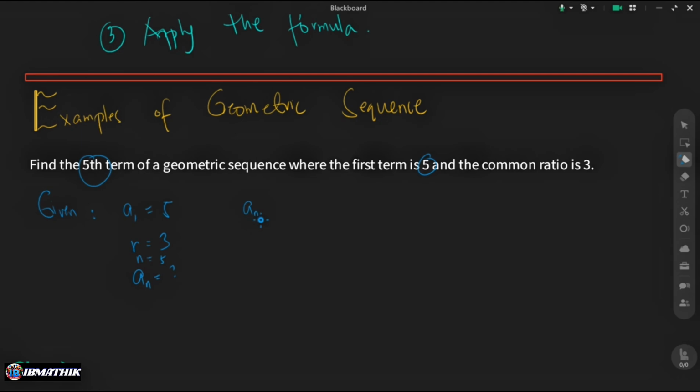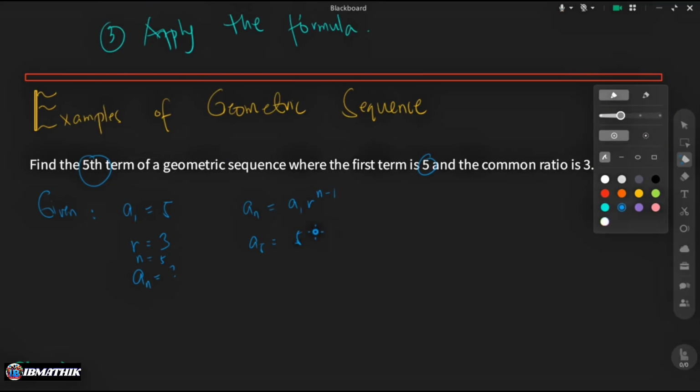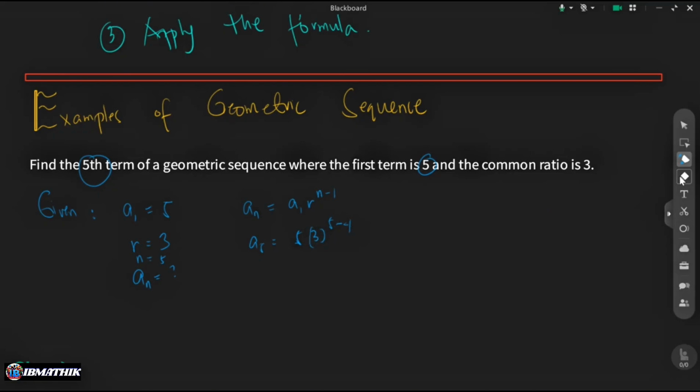Let's write the formula. So the n will be 5, the first term is 5, the ratio will be 3 based on the problem, and then 5 minus 1.